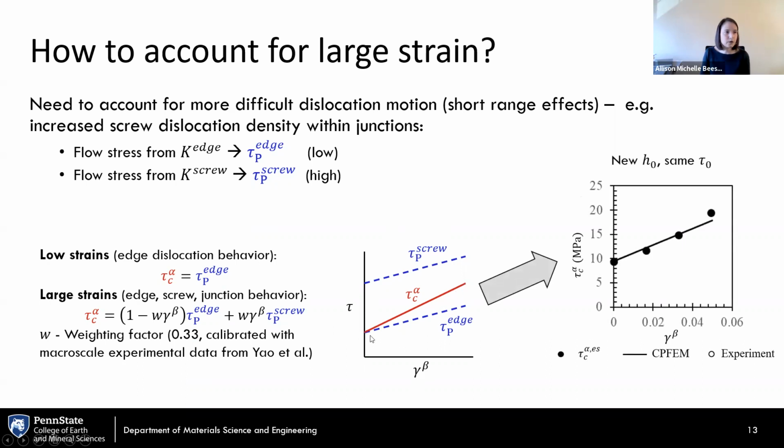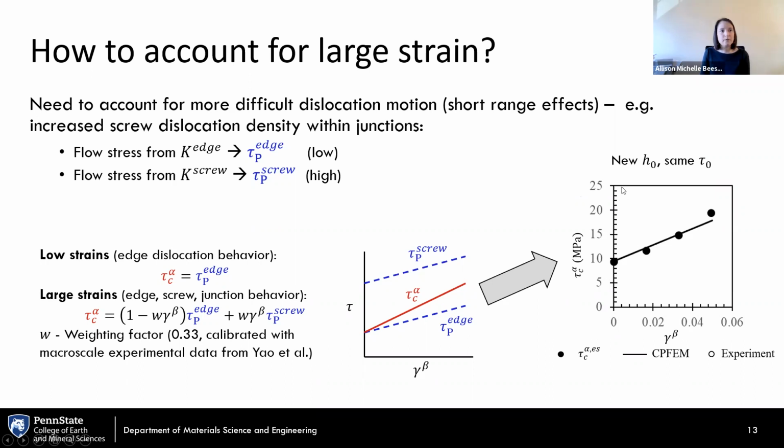So basically, and this is the equation that's important here, start off by saying that when we have very small strains, our edge dislocations dominate, but as we start to accumulate plastic strain, we have contributions from those screw dislocations. And we did calibrate this. So this is the one value that's calibrated, and this was calibrated from the Yao et al.